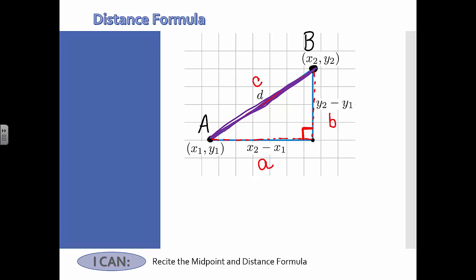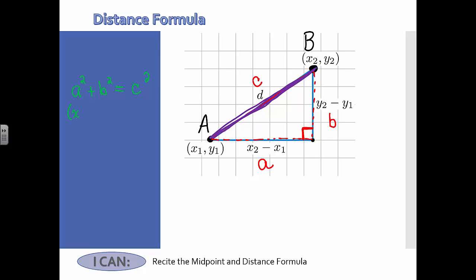So if we use the Pythagorean theorem, we've got a squared plus b squared equals c squared. And we know that our distance A is actually just the difference between the 2 x's. If we have an x1 here and x2 all the way over here, and we subtract them, we get the distance between x1 and x2.